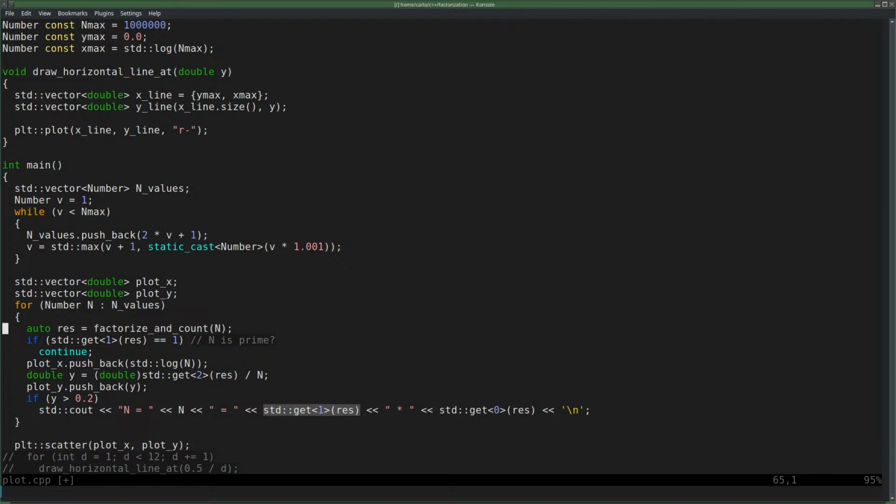Try to factorize n. And if the smallest factor equals 1, then don't push it. Otherwise you push it. So, okay, the next thing then is we want to check if y is larger than something else, a tenth.